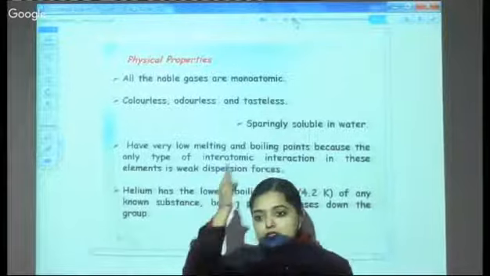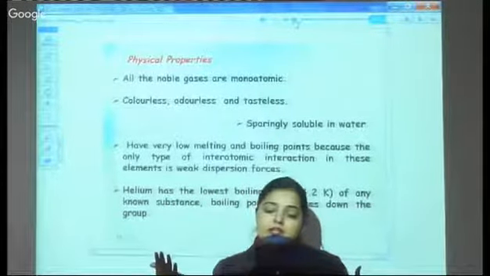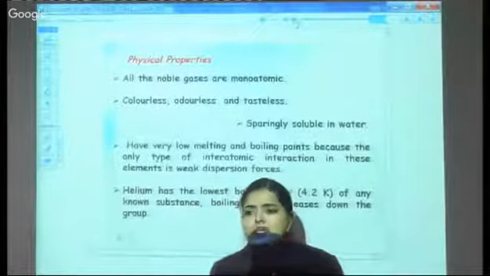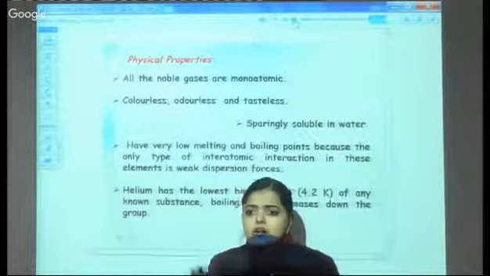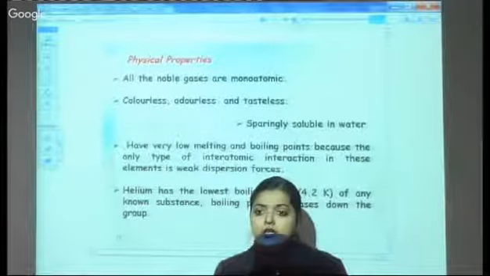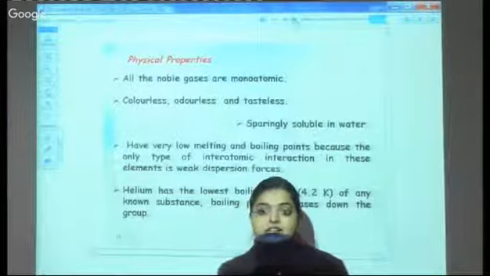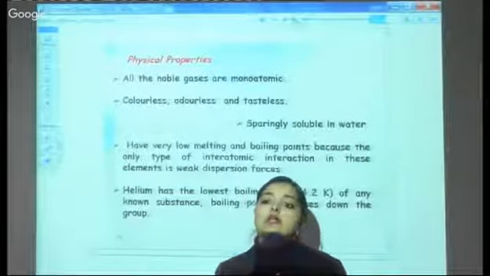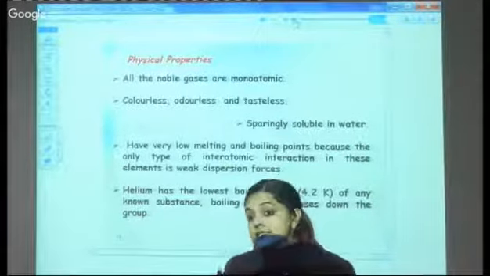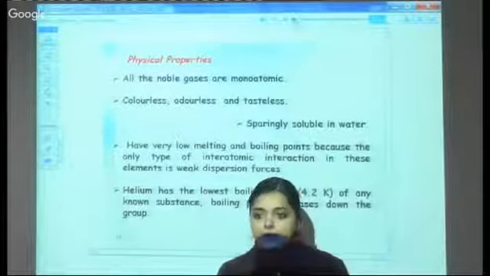So that means there is no breakage of other bonds required. So phase transformation to melting and boiling takes place at very low temperature. Very little energy is required and they melt or boil very easily. If there are intermolecular attractions, only then the boiling and melting point rises. As in the case of HF, I talked about the hydrogen bonding taking place.